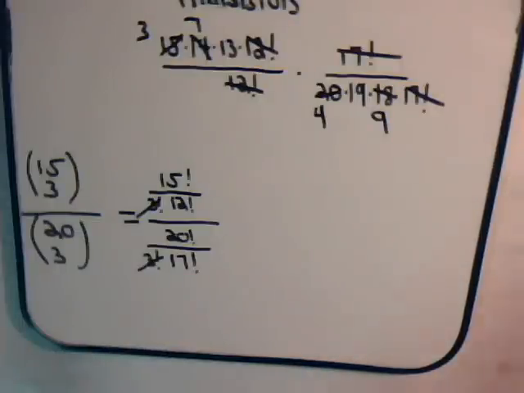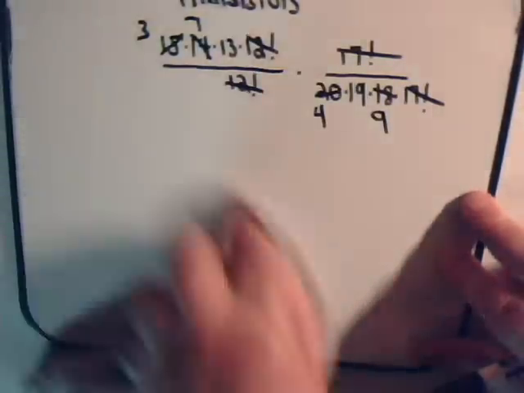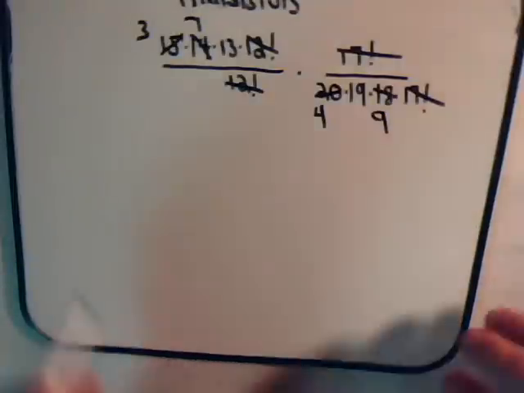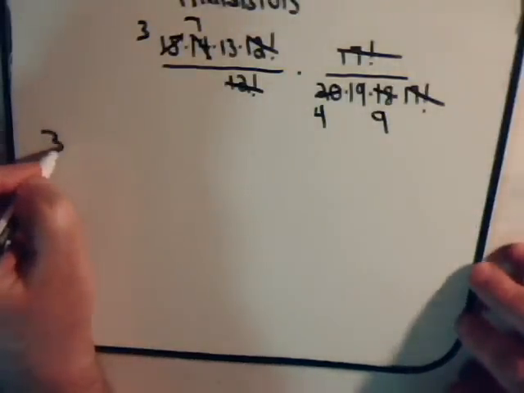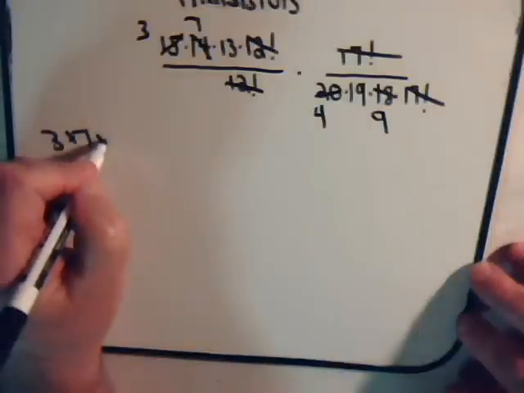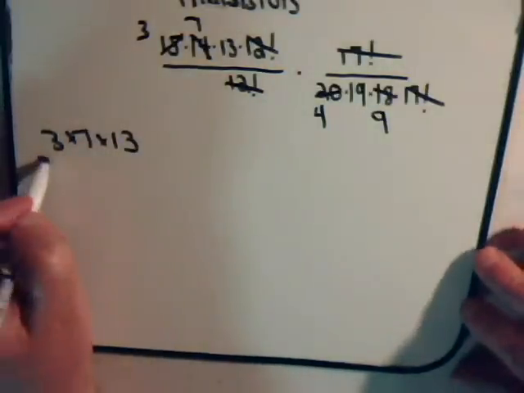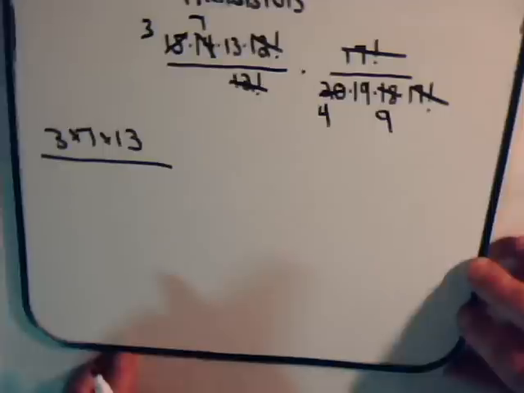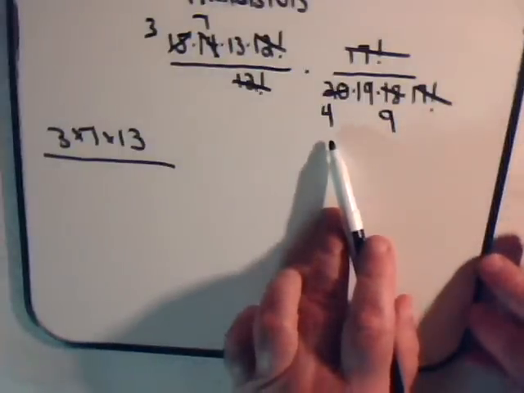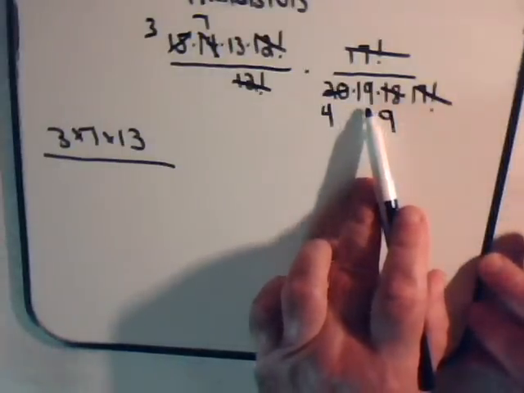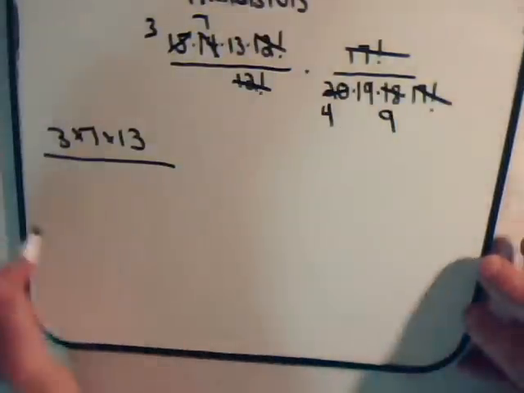Again, let's make some room. Three times 7 times 13, and down in the denominator we have 4 times 19 times 9.